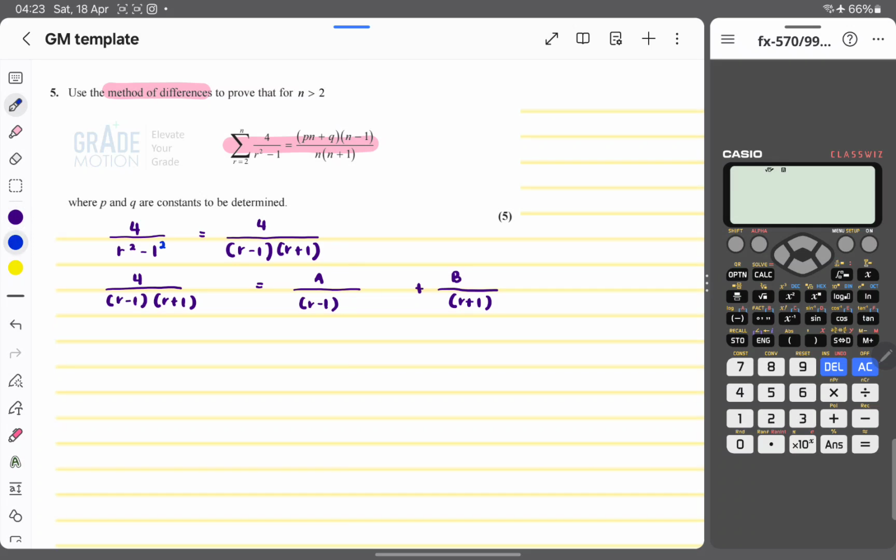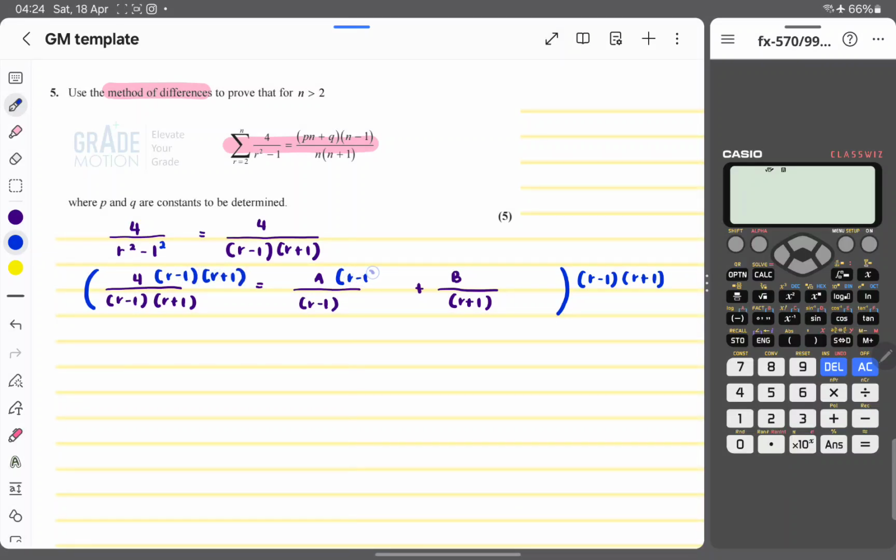How can we figure out the value of a and b? We have to first multiply this equation by the factors, so (r minus 1)(r plus 1). So what happens when we multiply by this? We will get this.